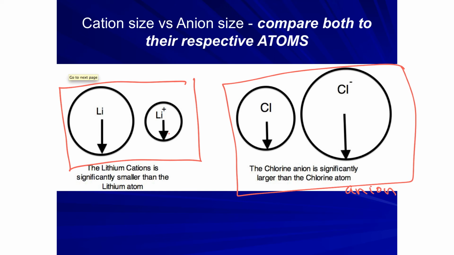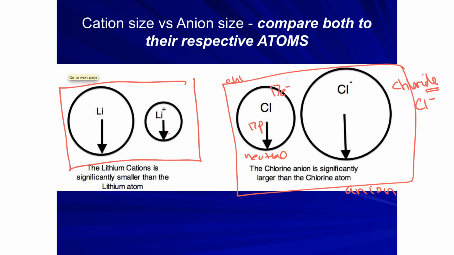So chlorine has 17 protons and 17 electrons in a neutral atom. But let's look at what happens when chlorine becomes chloride. Once we make the nonmetal an anion, we call it chloride, right?